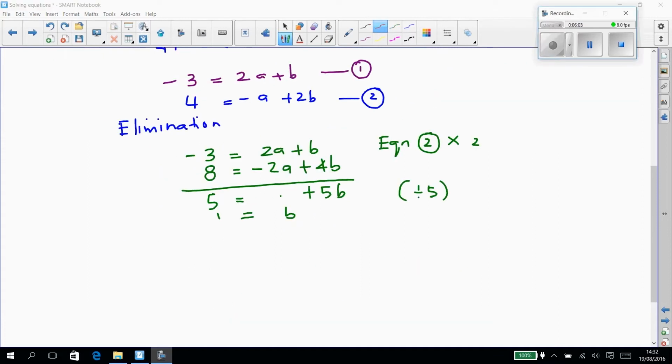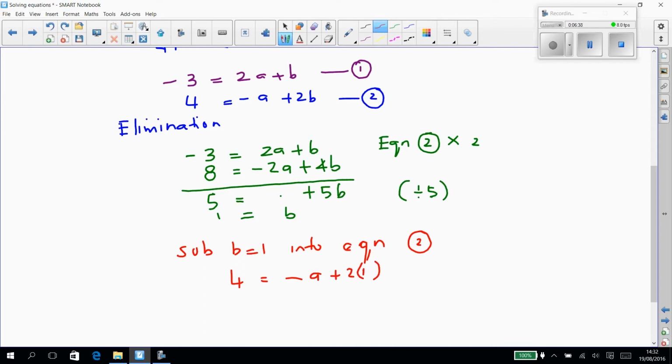To find a, all I have to do is substitute this value of b into either equation 1 or equation 2. I'm going to substitute b equals 1 into equation 2. So we get 4 equals negative a plus 2 times 1.